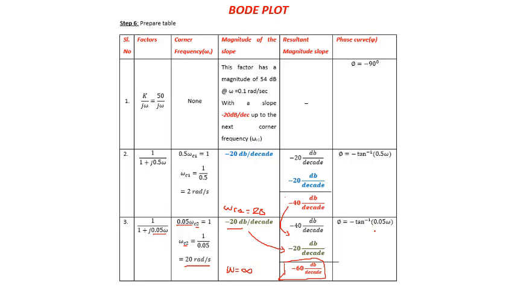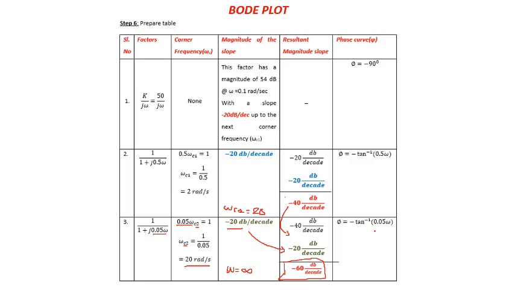I suggest students complete table 6 in a single table. Don't do multiple tables, use one table only. Try to put all the variables needed for drawing the Bode plot, as it will help us put it into the plot, and anything we have to recall, we can recall easily.